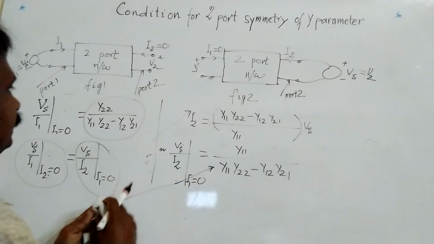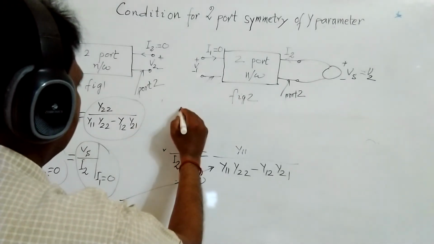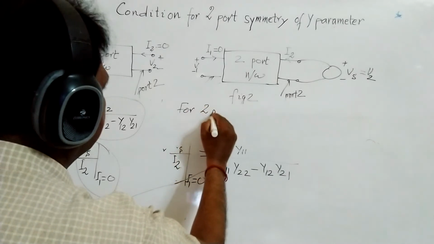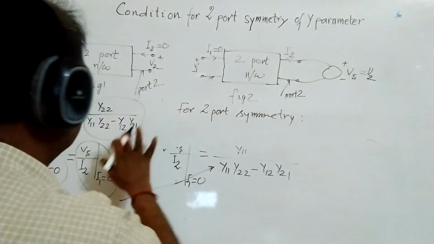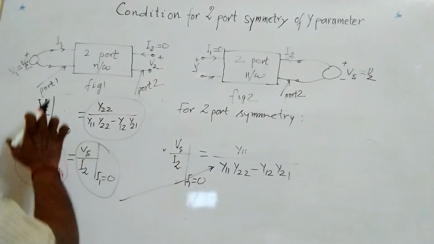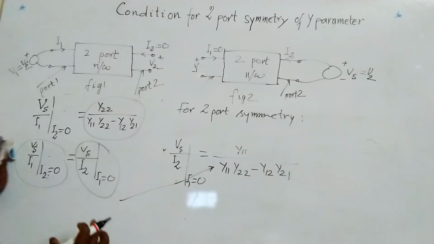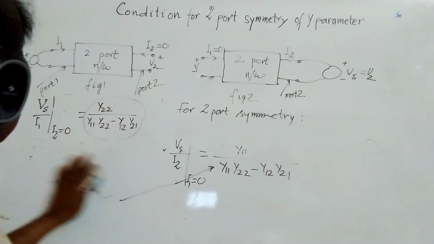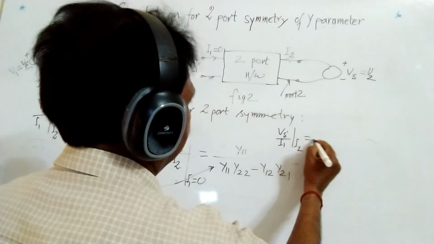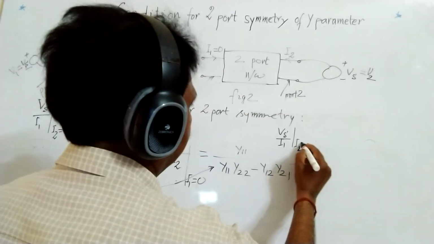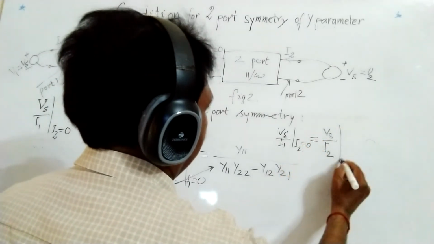For two-port symmetry, these two should be equal: Vs by I1 when I2 equal to 0 should be equal to Vs by I2 when I1 equal to 0.